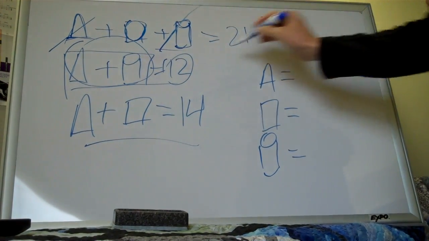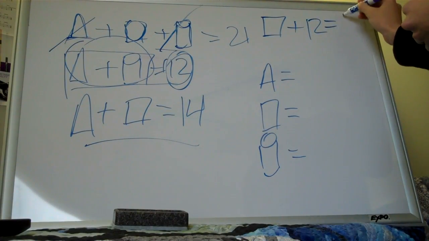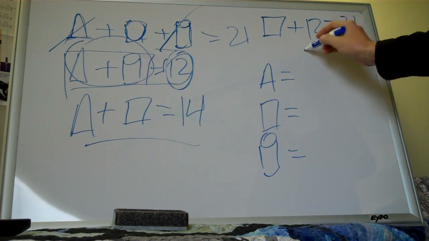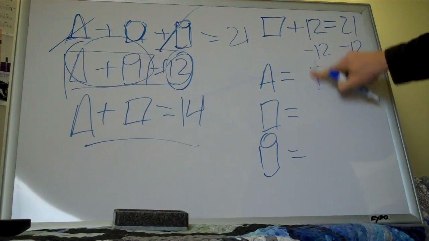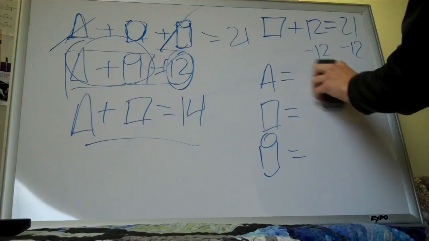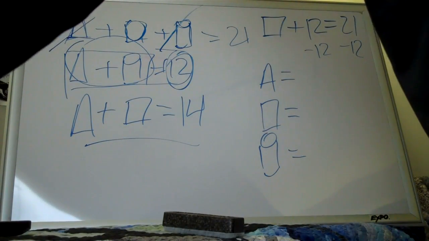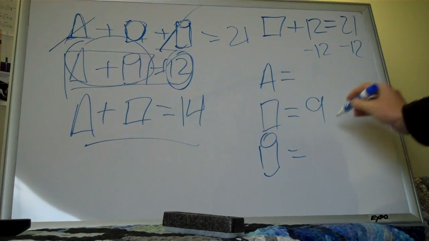Square plus this value 12 is equal to 21. And you know by your algebra rules that in order to get rid of the 12 you have to subtract it from both sides. So now we get square is equal to 9.